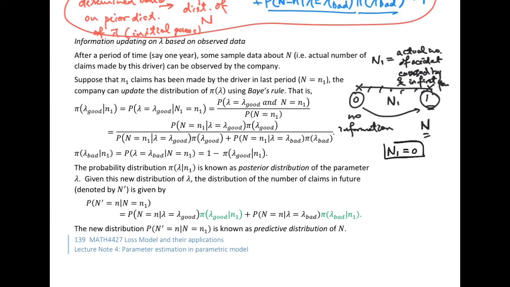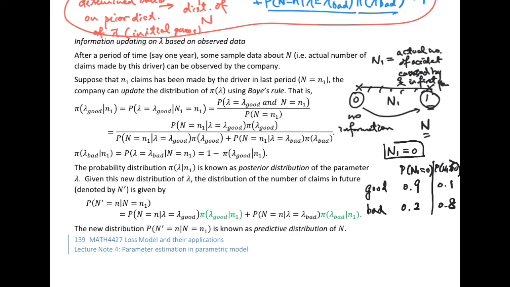The reason is that if this driver is good, then the probability of causing no accident should be relatively larger, so let's say 0.9. And for a bad driver, just to make it a little bit extreme, let's say 0.2. And then they will cause trouble with probability 0.1 and 0.8.